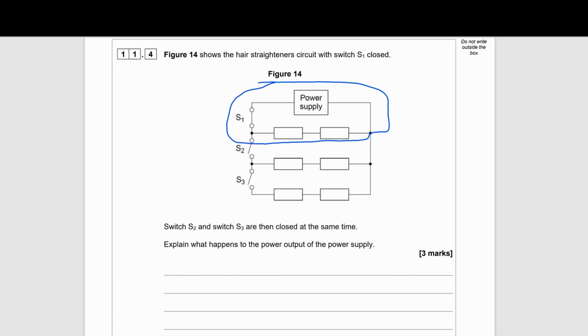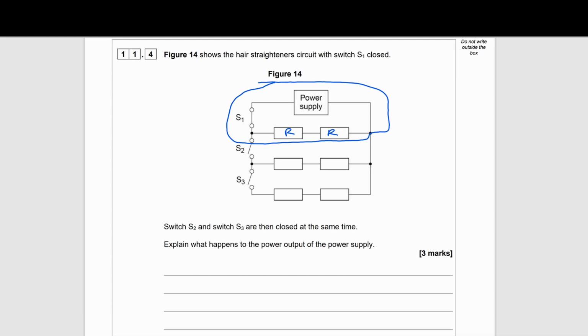Well, when the switch is closed for S1, we have part of the circuit which is working. But remember that these are resistors, and these resistors are in series. So what we need to think about is, how are these resistors going to affect the circuit?